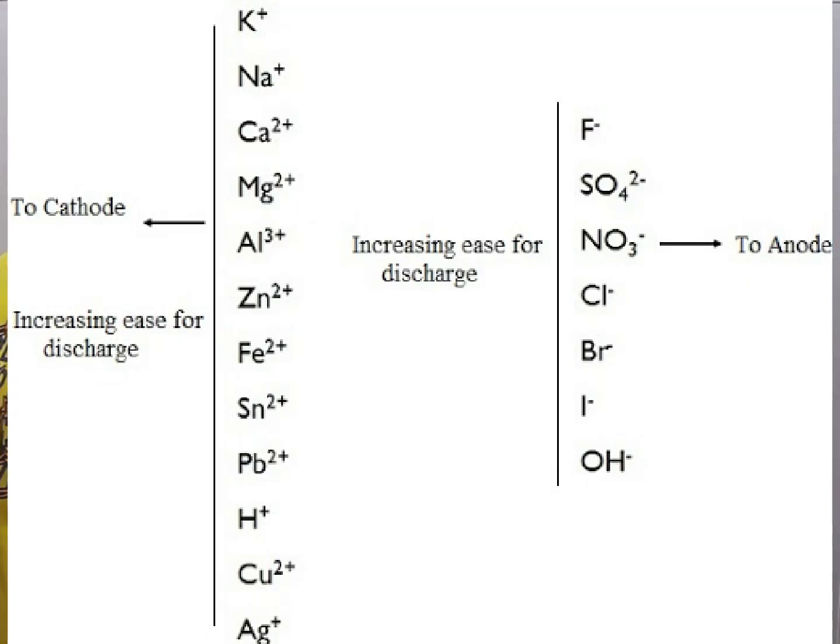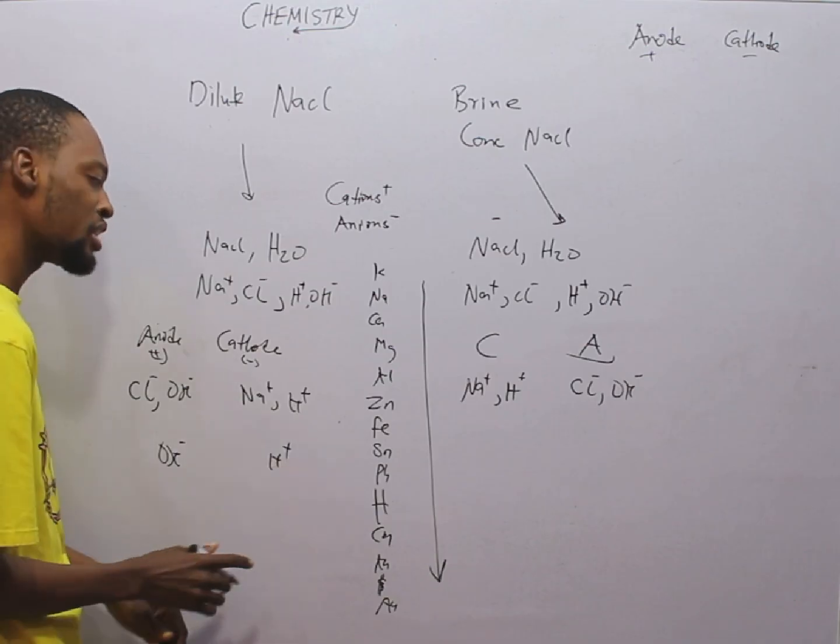This is preferential discharge. The ones lower will be preferentially discharged. So in this case, since hydrogen is lower in the series, hydrogen will be discharged. Then since OH- is lower than chloride in the series of negative ions, OH- will be deposited, and H+ will be deposited.